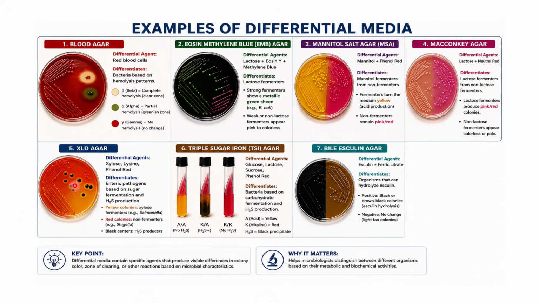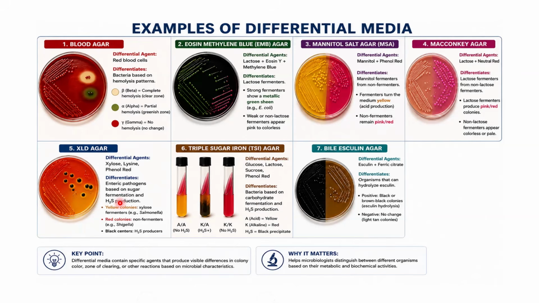The next is the XLD agar medium, and in the XLD agar medium, xylose, lysine, and phenol red are the differential agents, and these agents help to differentiate enteric pathogens based on their sugar fermentation and the production of hydrogen sulfide.